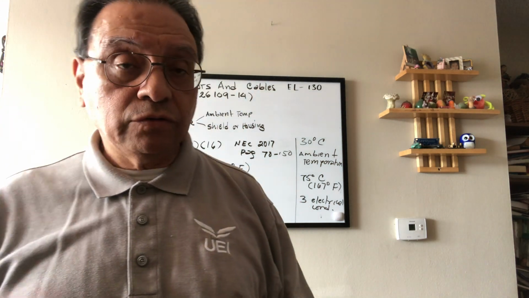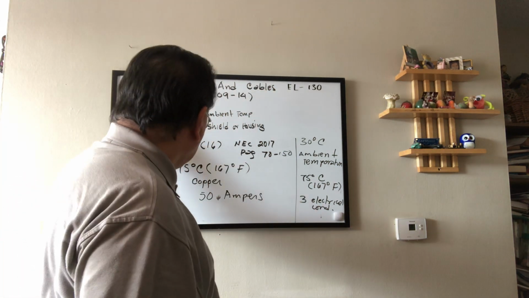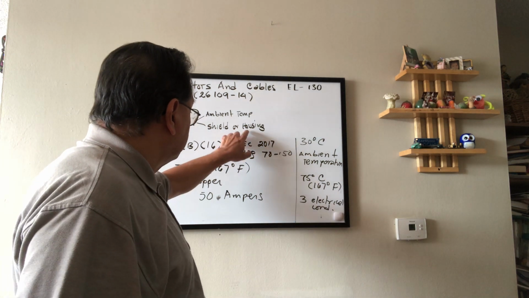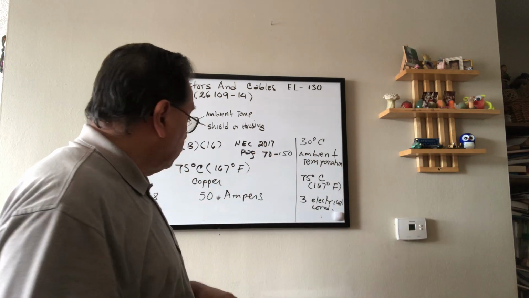So what do I do if I need to transport 4 electrical conductors on a pipe, PVC or conduit? Then I need to adjust the ampacity.